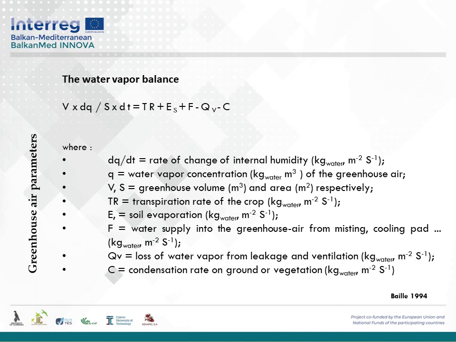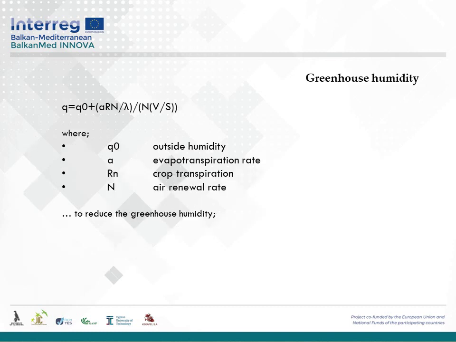So, considering all these assumptions, this equation of the water balance can be shortened, and this new formula expresses the level of air humidity in the greenhouse in reference to the outside humidity and some other factors like the evapotranspiration rate, the crop transpiration, and the air renewal rate. Thus, now we can use this simplified formula for practical purposes.